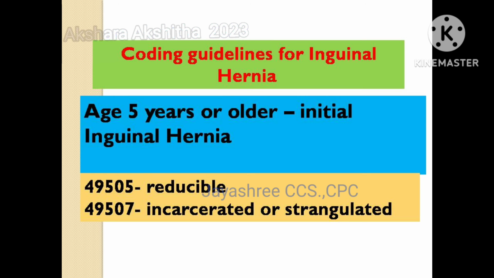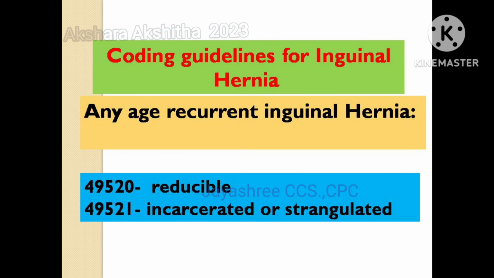Okay. So now we saw only initial inguinal hernia, based on the patient's age. Next is recurrent inguinal hernia. For recurrent inguinal hernia, we don't need to look for patient age. So the age of the patient, no need to check. For any age recurrent inguinal hernia, there will be two codes.